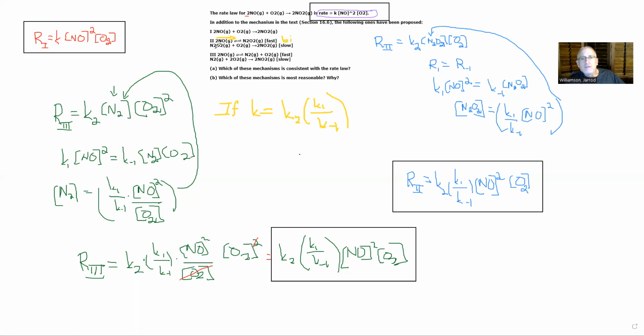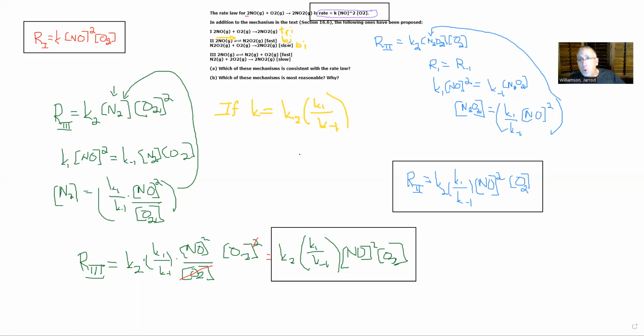And I got N2O2 colliding with O2. That's also bimolecular. Okay. This is 2 NOs and an O2. That's what? Trimolecular, or does the book call it ter? I forget. Okay, anyway, that's 3.